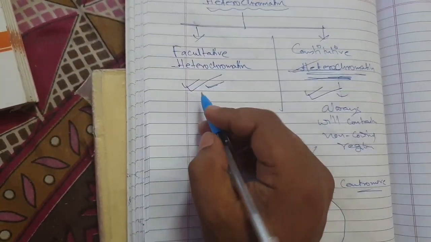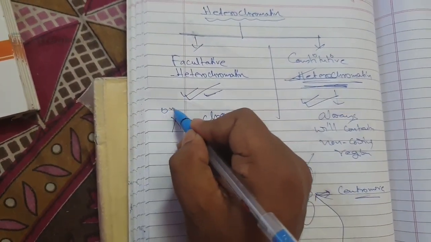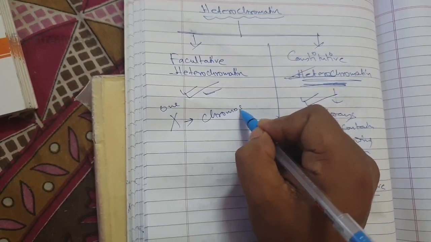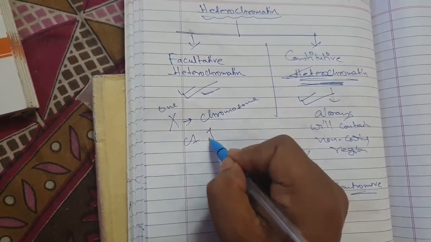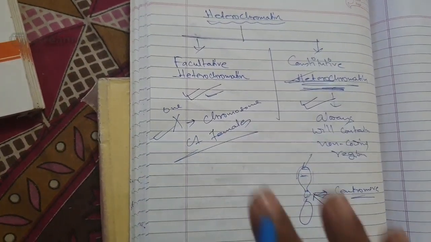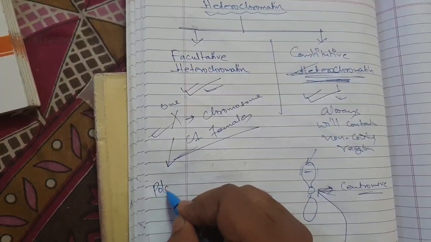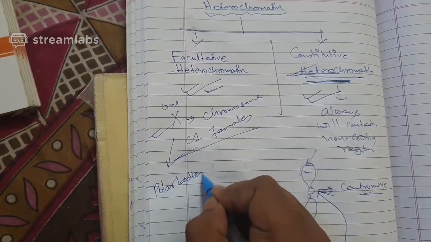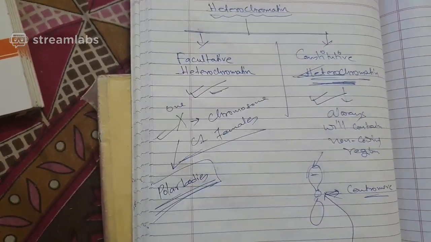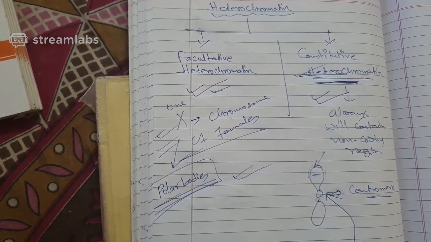And facultative heterochromatin is present in the X chromosome, or one X chromosome of females, where it becomes inactive when it goes into the polar bodies. If you have understood previous chapters, the previous video, you will understand what I have said here.